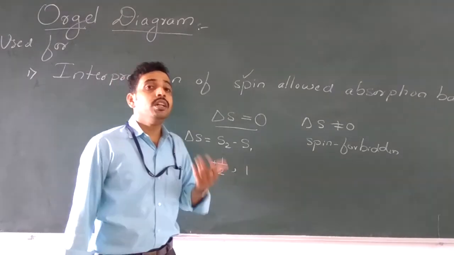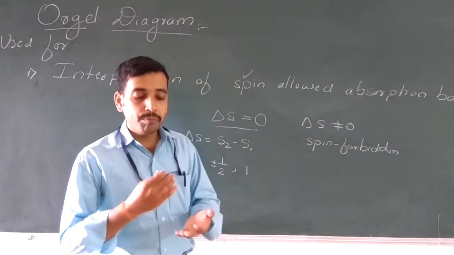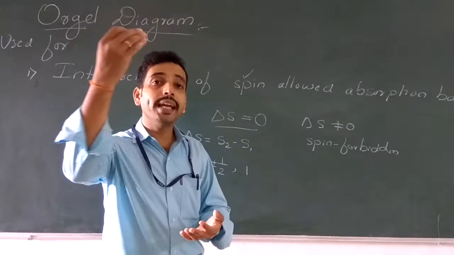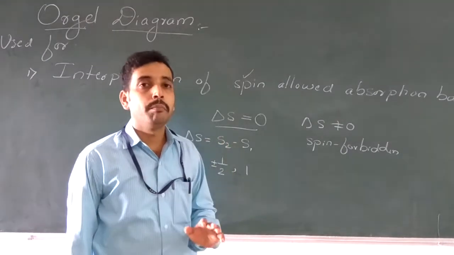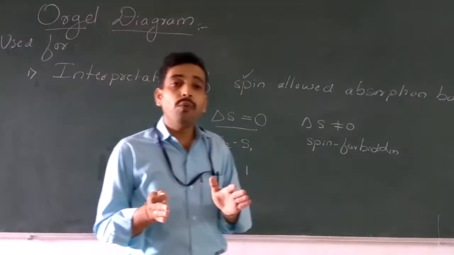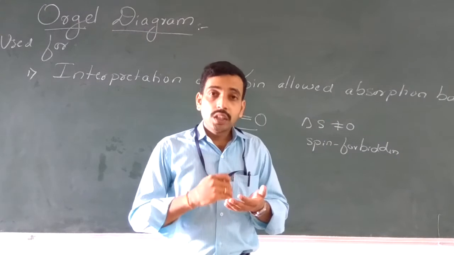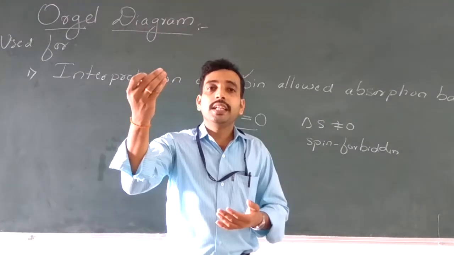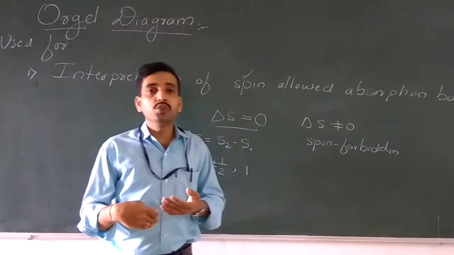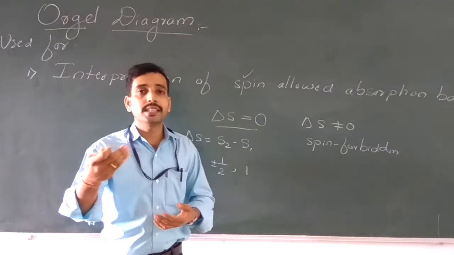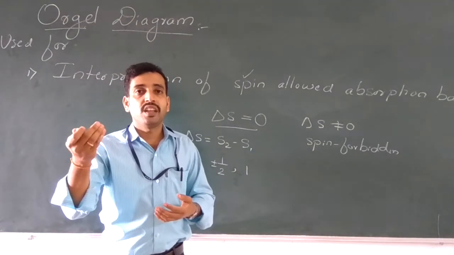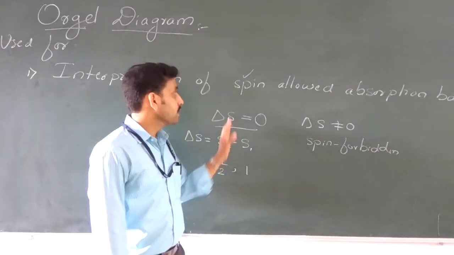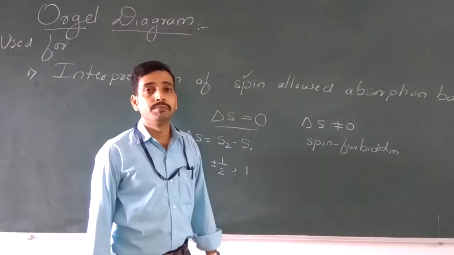The change in spin quantum number from the ground electronic state to the excited electronic state must be 0. Means there is no change of spin from the ground state to the excited state. It must be the same, that is the spin allowed transition.